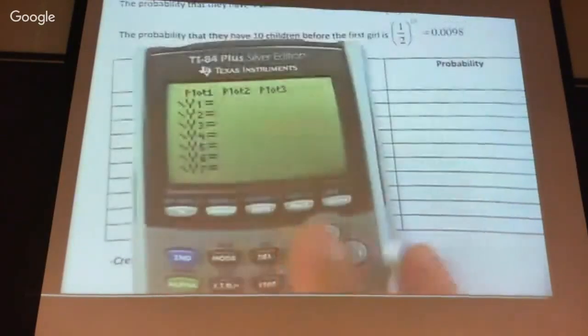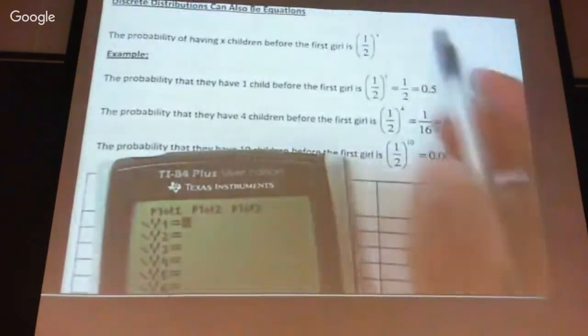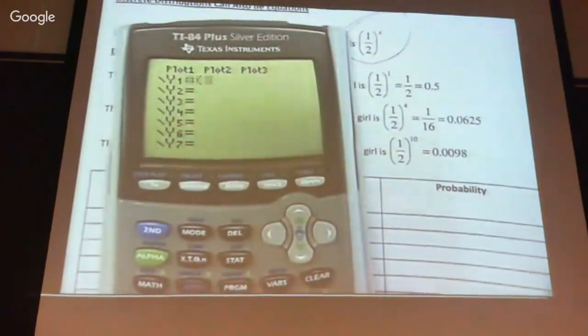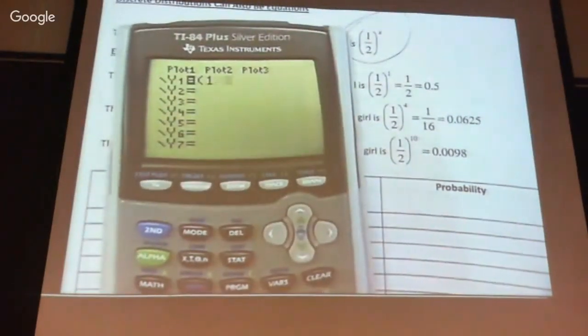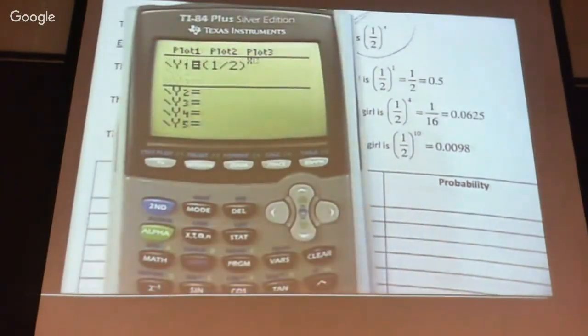The original function was 1/2 raised to the x. So I'm going to put parentheses, 1 division 2, close parentheses, raised to the x. Not the number, we're putting an x, because x could be any number.